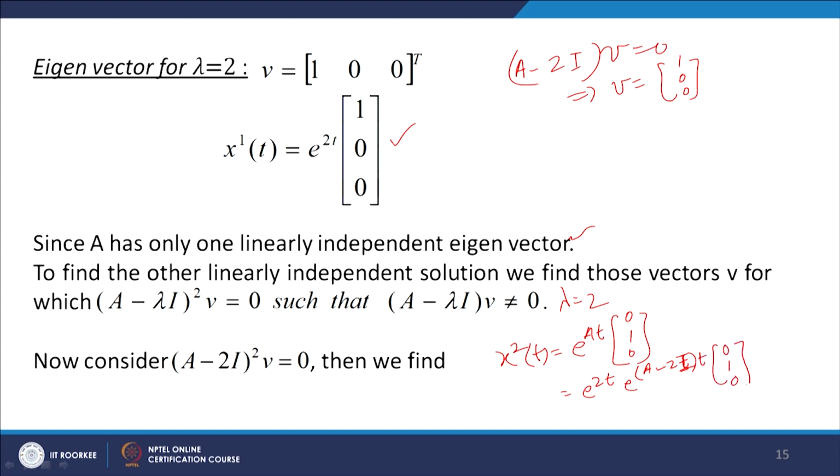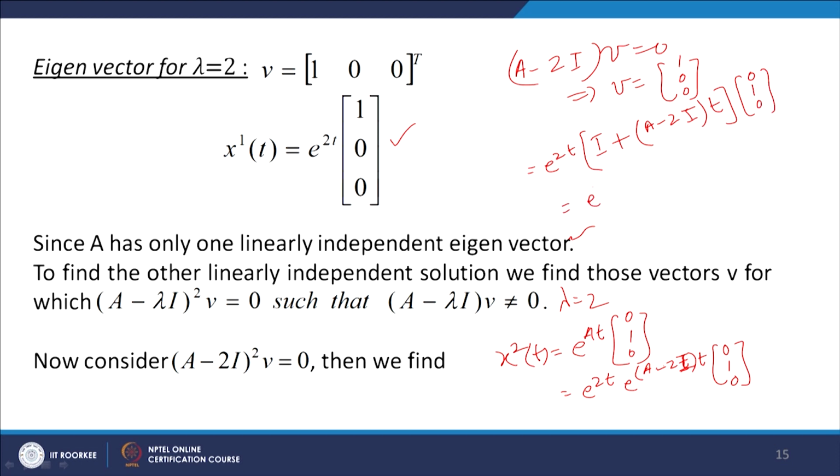So, this gives you e to the power 2t times (I plus (A minus 2I)t) and then 0 1 0.